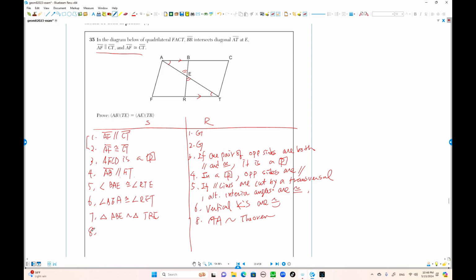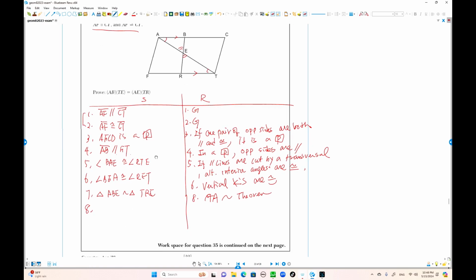Using this, corresponding sides are in proportion. Talking about ABTE, these two sides: AB, the corresponding side is RT, but over here it is TR. And the other side is AE in the smaller triangle, and in the large triangle it is TE, right?